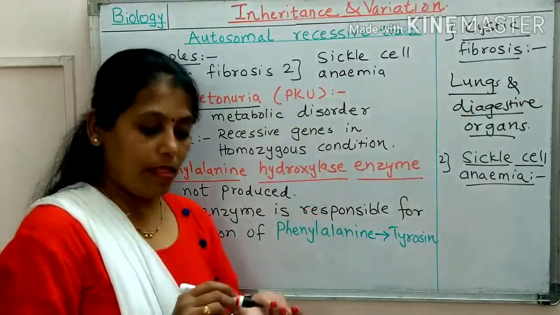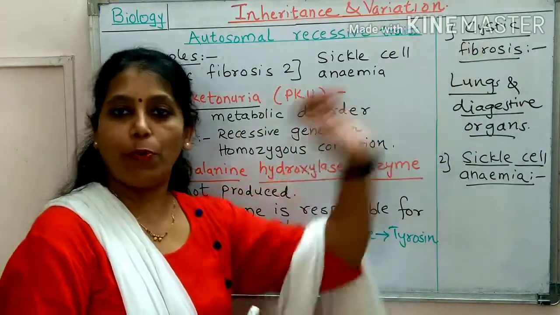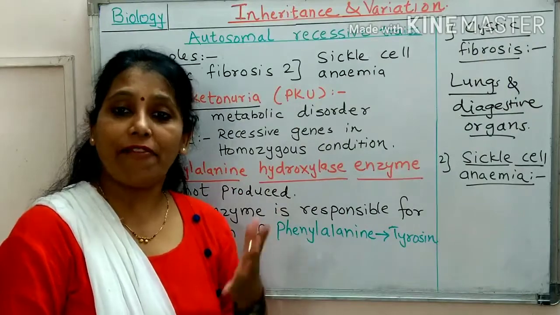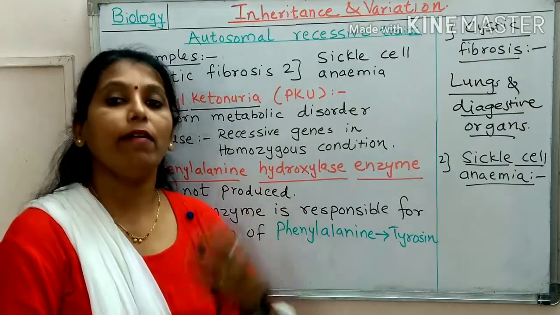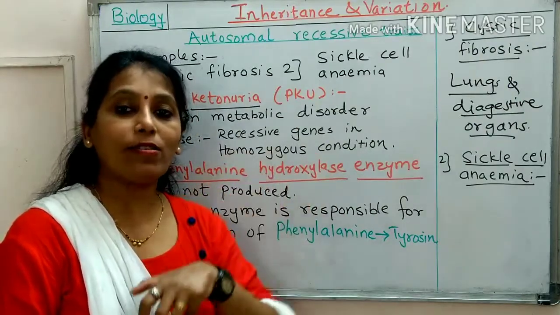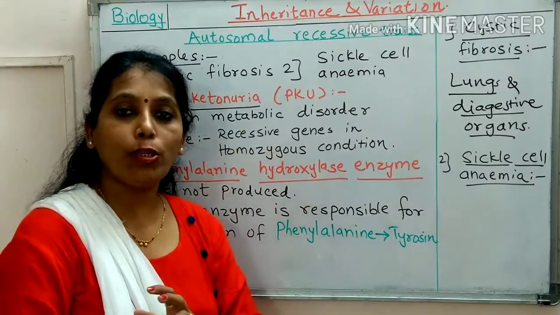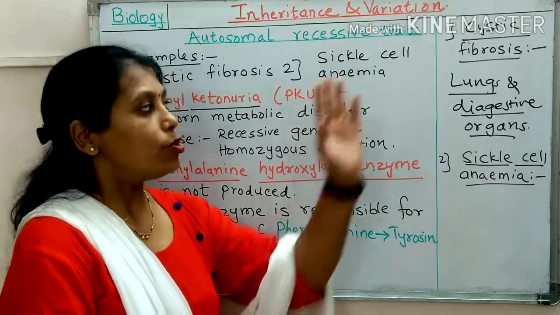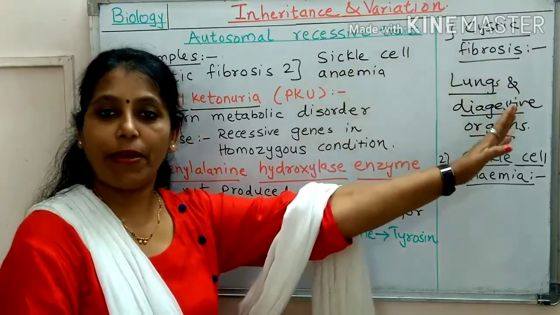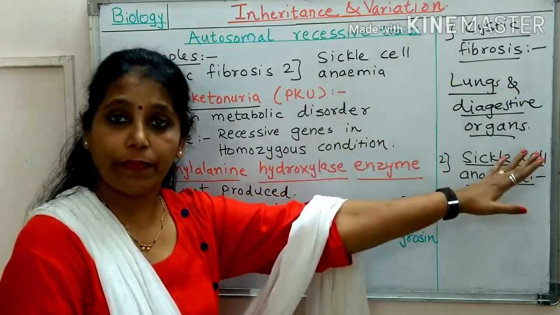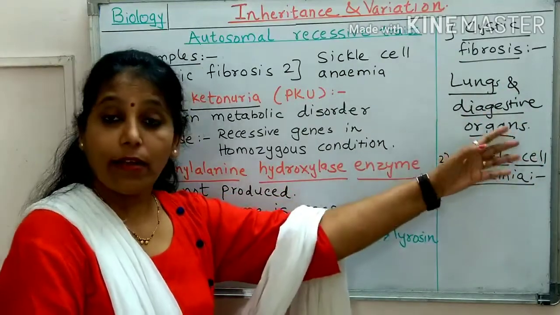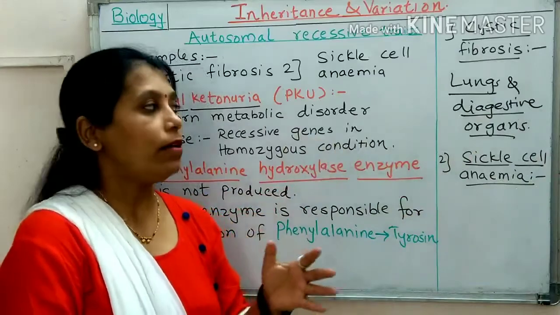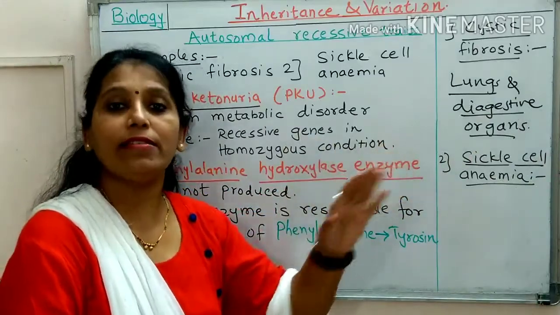So the person who has cystic fibrosis has damaged lungs. We know that the lungs are very important. Correct? When you breathe, you inhale oxygen, you exhale CO2 also. That oxygen is supplied to different parts of the body. So the person who suffers from cystic fibrosis can't breathe properly. Plus, his digestive organs are also affected. So overall, the health of that person is disturbed.